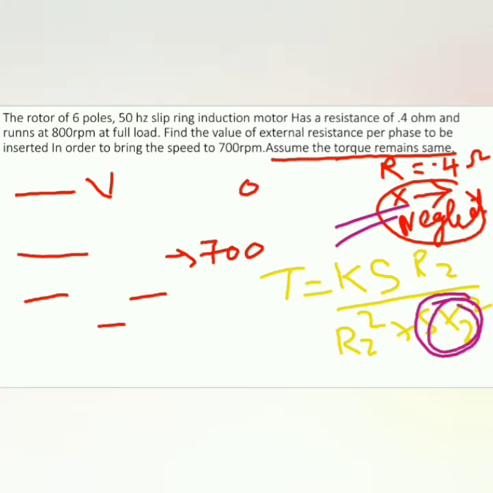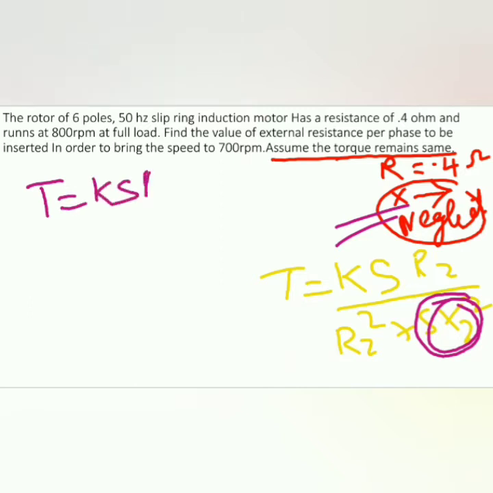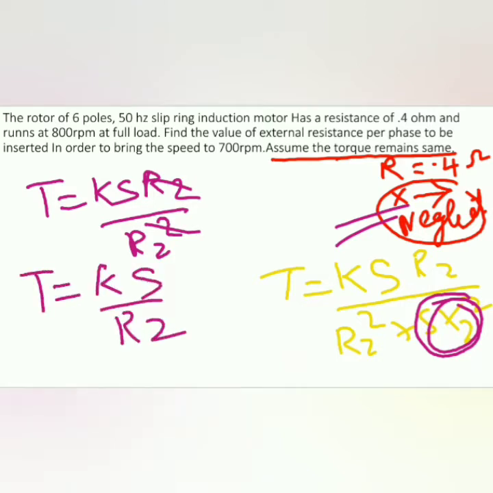The torque equation will now be T equal to K S R2 divided by R2 square. When we cancel it, we get T equal to K S by R2. So this is the equation we are going to use.